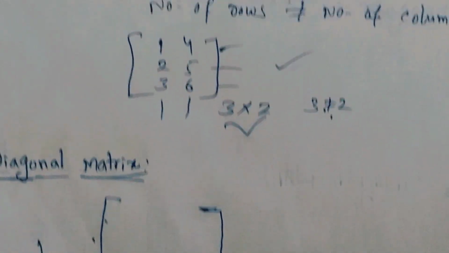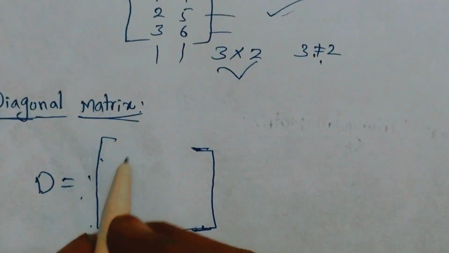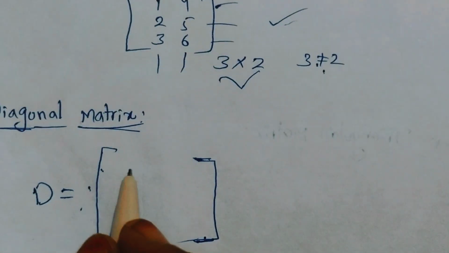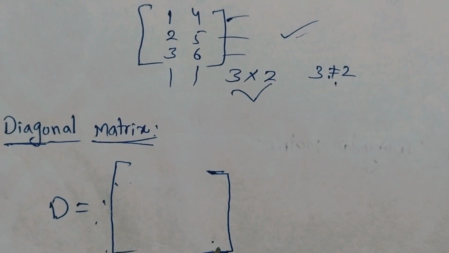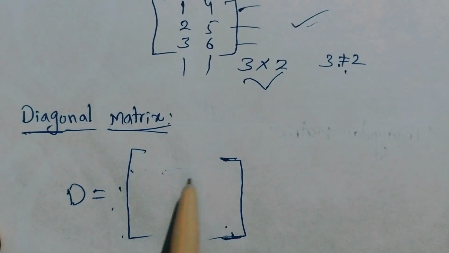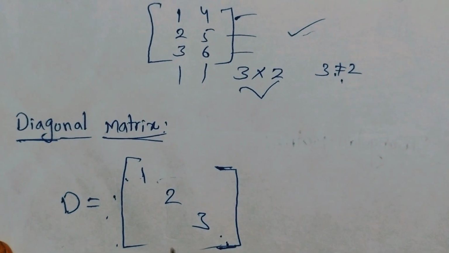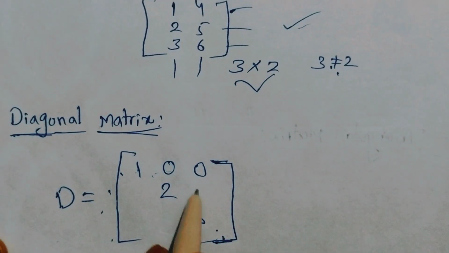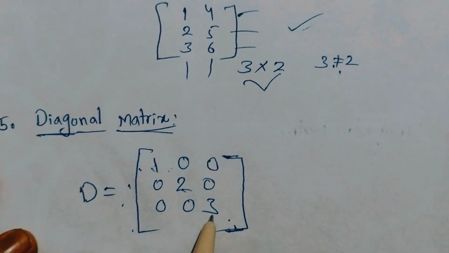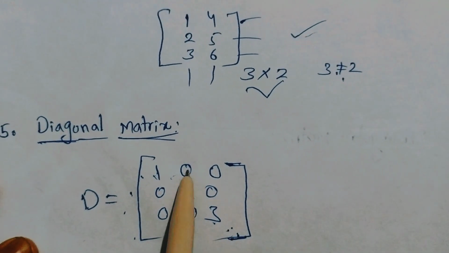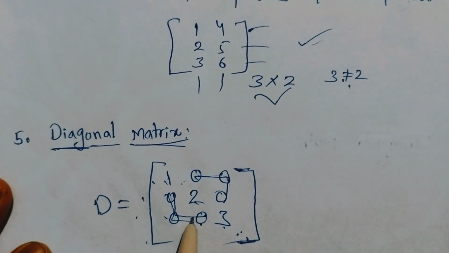Diagonal matrix D means the diagonal elements are non-zero, positive or negative values, but the remaining non-diagonal elements are zeros. For example, take 1, 2, 3. The remaining other elements are zeros. These values 1, 2, 3 are diagonal elements. The other zeros are non-diagonal elements.